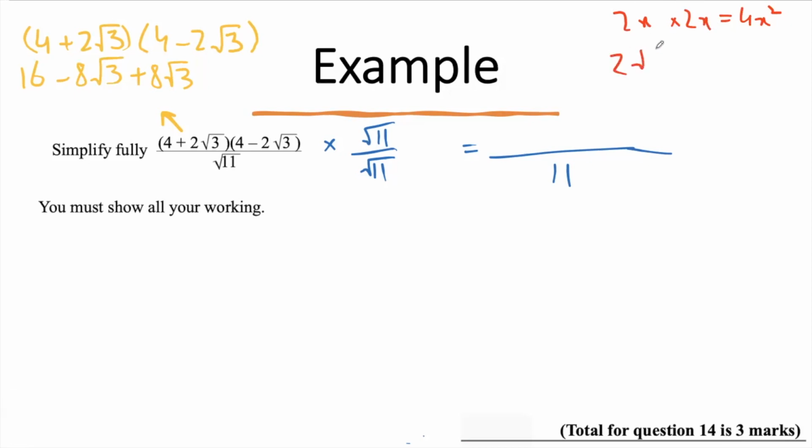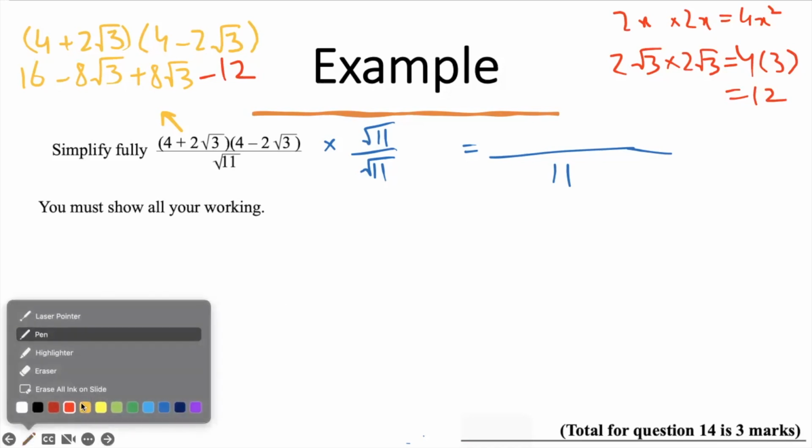So 2 times 2 is 4, and root 3 times root 3 is 3. So we have 4 times 3, which is 12. So 2 root 3 times minus 2 root 3 is minus 12.